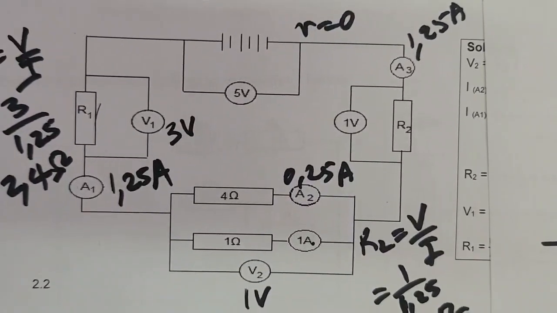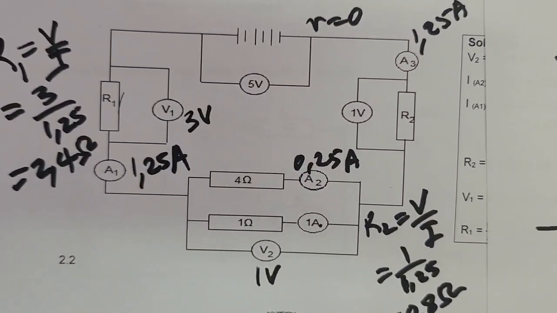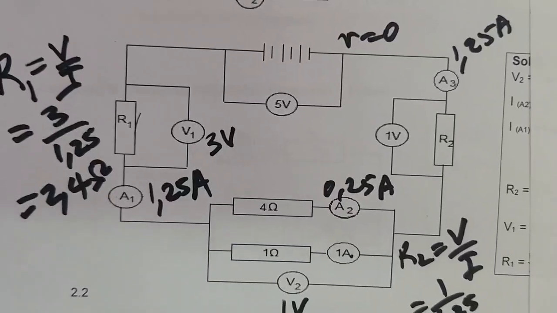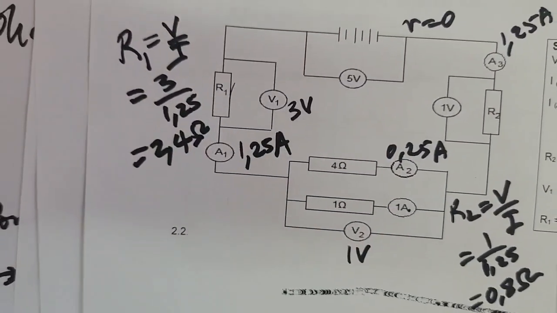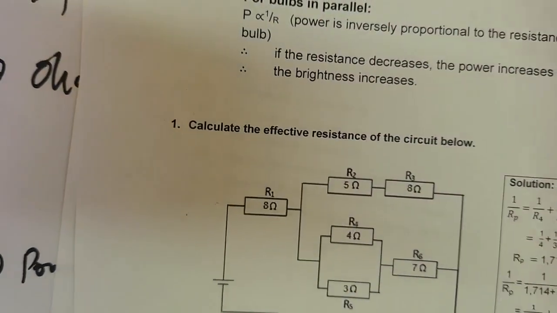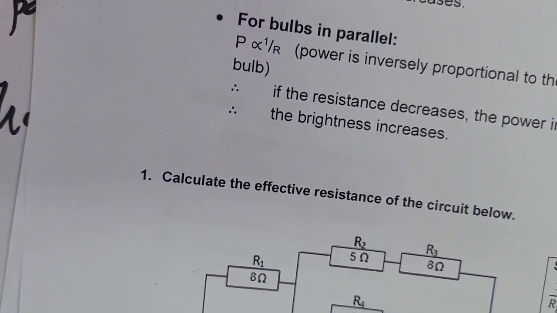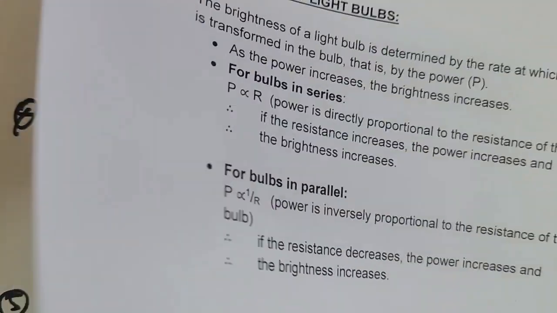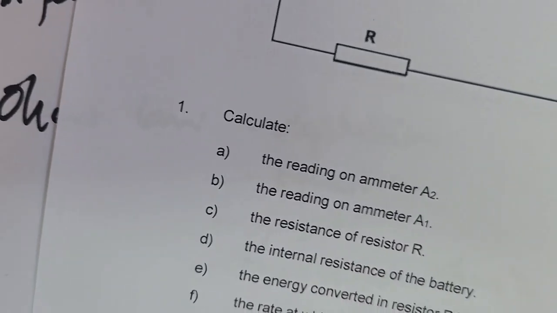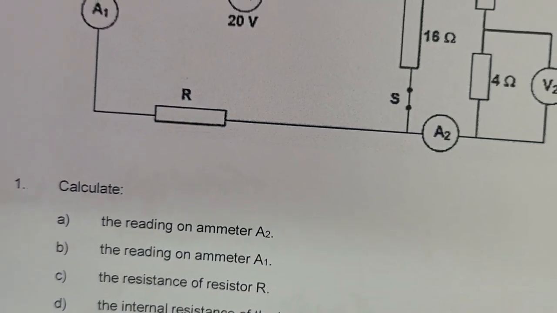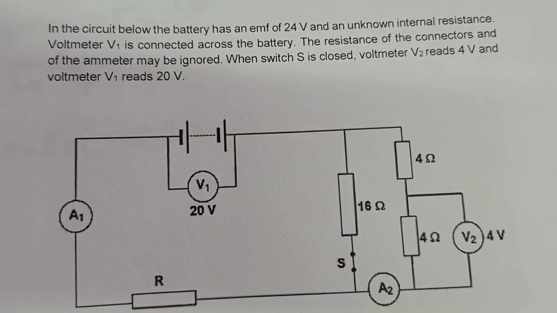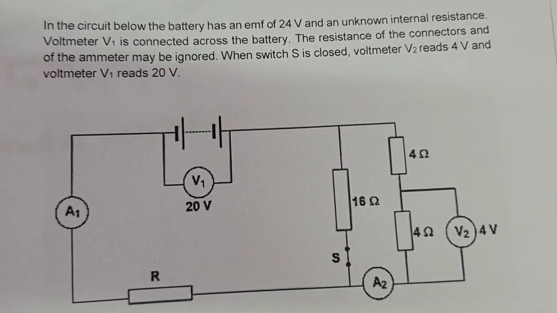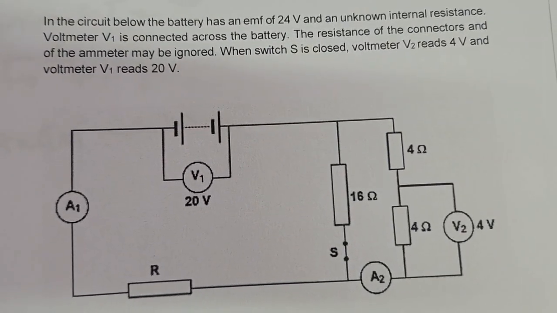Fine. Let's go to the other level now, where we are dealing with internal resistance. So the internal resistance here is the question. They are telling us to look at this circuit. In the circuit below, the battery has an EMF of 24 volts.